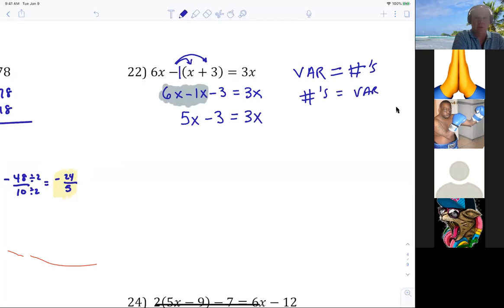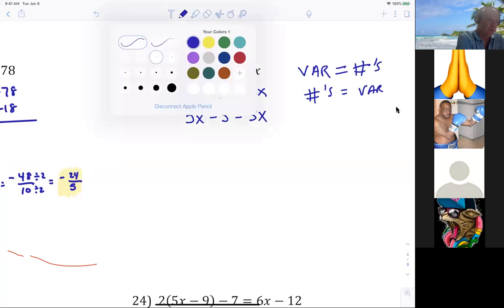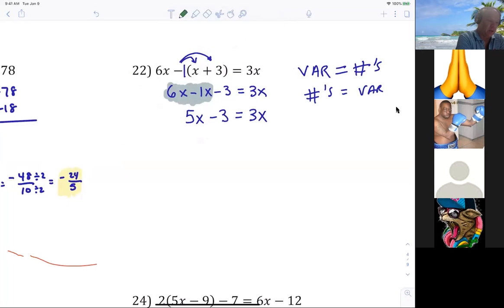In this case, because I'm trying to just separate the variables and the numbers, I'm going to subtract 5x from both sides. Now the numbers and the variables are separated from each other.